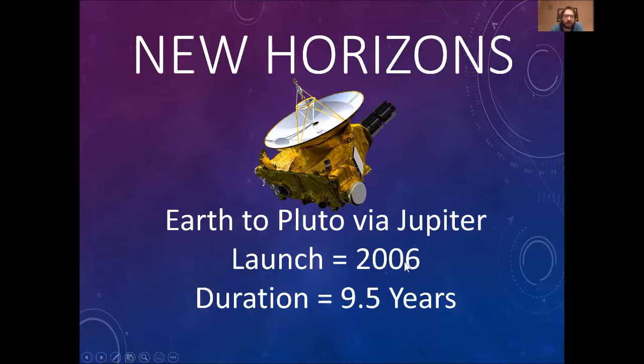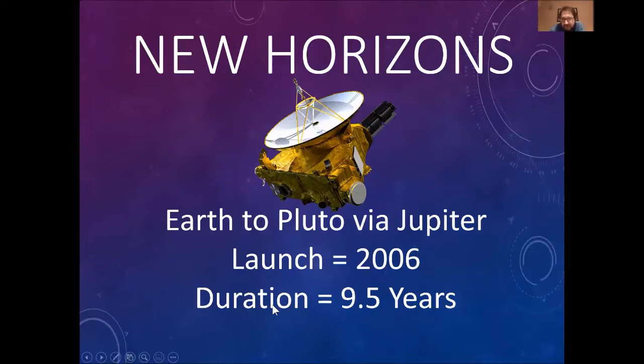Now, that's the delta V I was talking about. The launch of New Horizons was in 2006, so we're going to try and reproduce this mission using OITS. Now, if you think about it, the lower the delta V that is required to get from Earth to Pluto, the longer the travel time it will take.